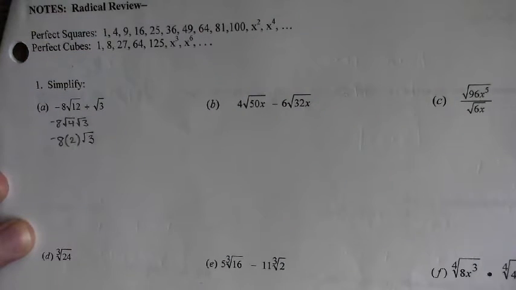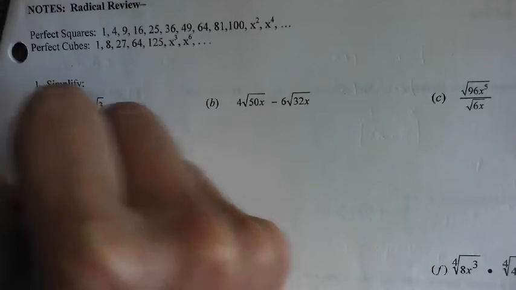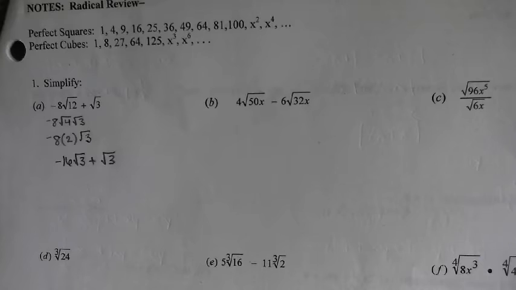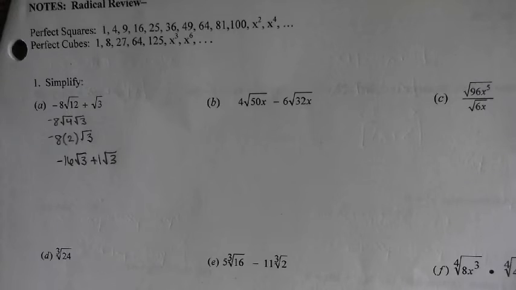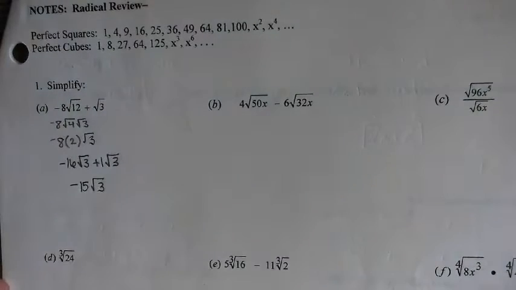And then the negative 8 that was already there times the 2 that is now there becomes negative 16 root 3, plus the root 3. And just like a variable, if you just see an x, what's the coefficient in front of it? 1. If you just see a root 3, it's technically a 1 root 3. So negative 16 of these plus 1 of these is negative 15 root 3s.